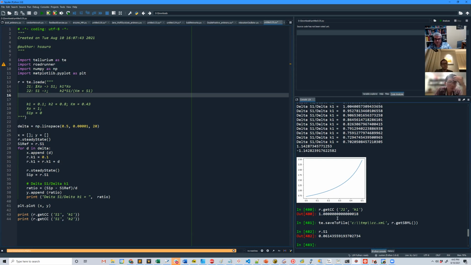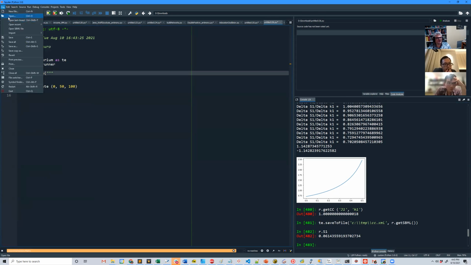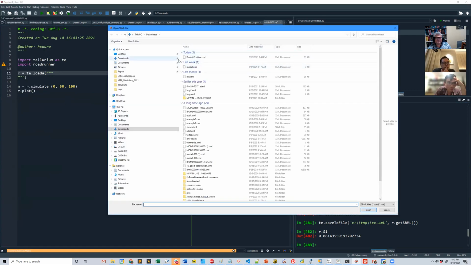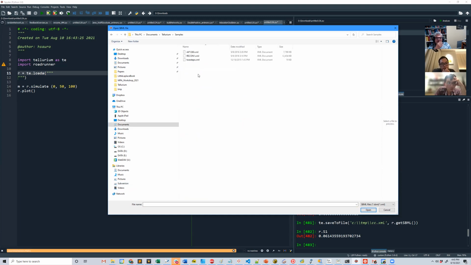Now there's a quick way. In fact, let's do a new model. I wish I had some of these standard ones here, don't I? Let me see. Tellurium samples. Two-step.